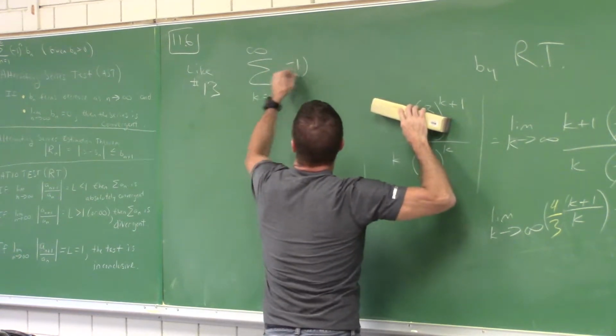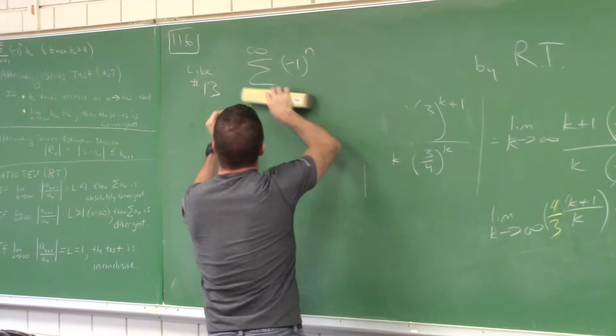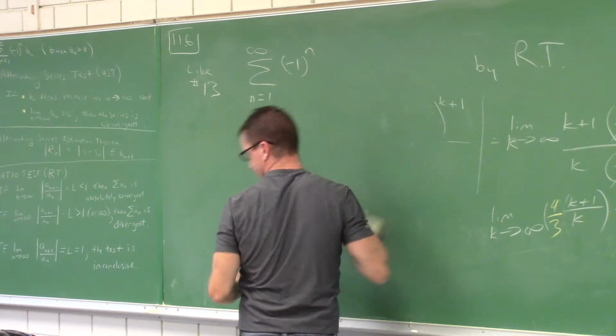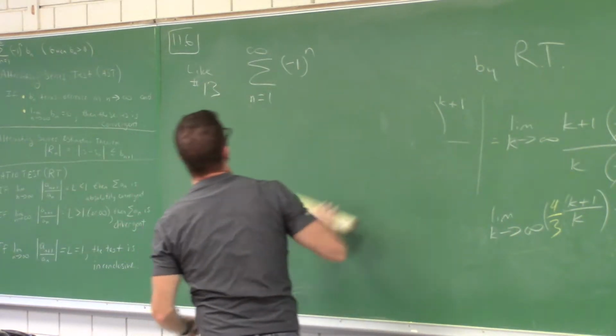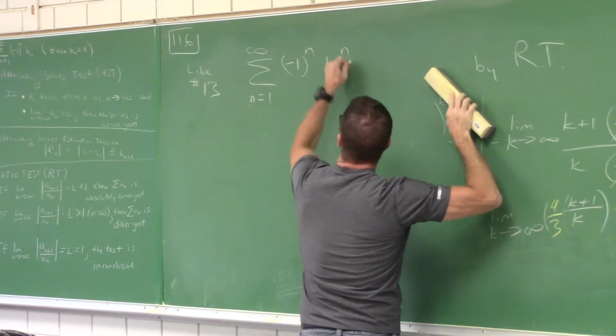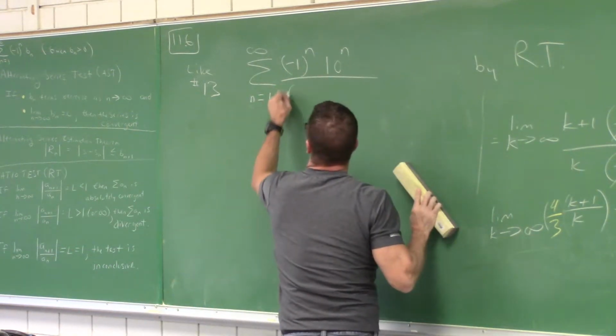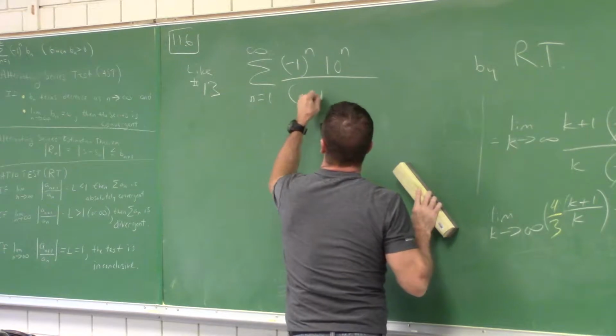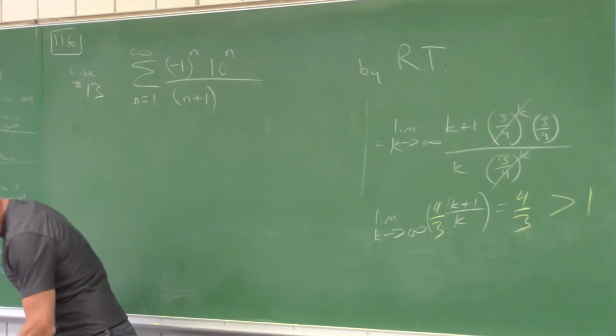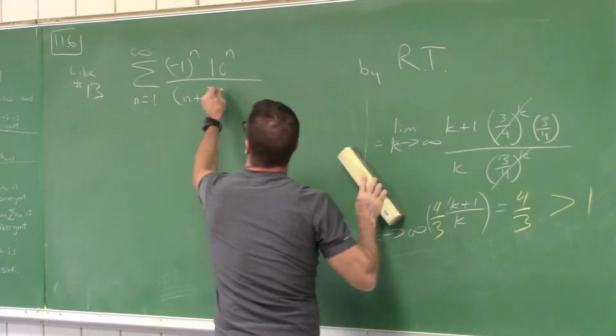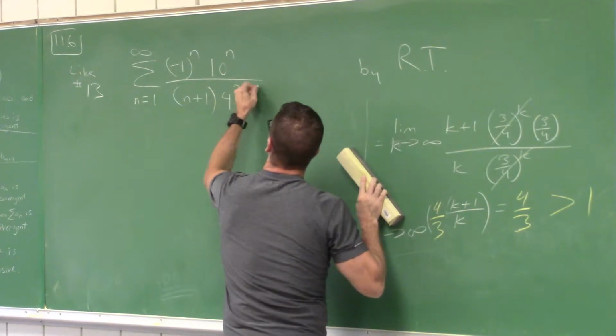There's a -1 to the n. It starts at n equal to 1. It's got a 10 to the n. It's got an n plus 1 and a 4 to the 2n plus 1. My goodness.